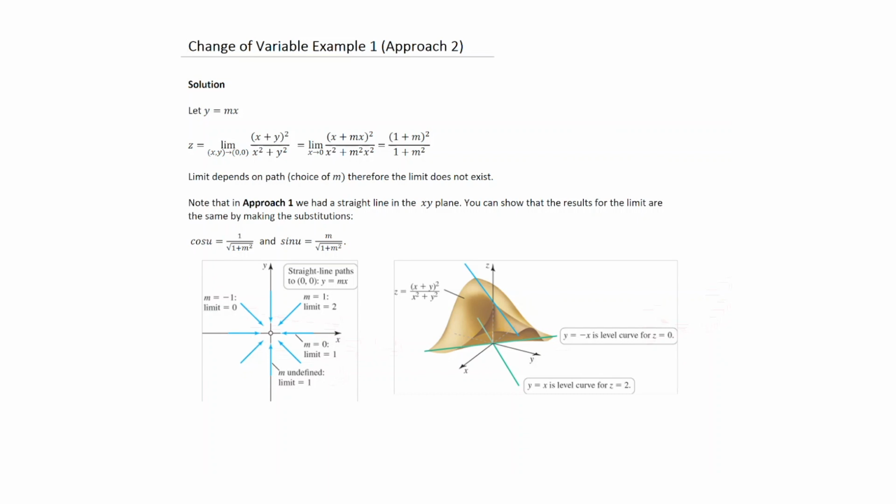If we were to graph this particular function, this is what we would see. And you can see this is the level curve for z equals 2. And this is the level curve for z equals 0. Okay, so it's clear that the limits will differ depending on the path that was chosen.